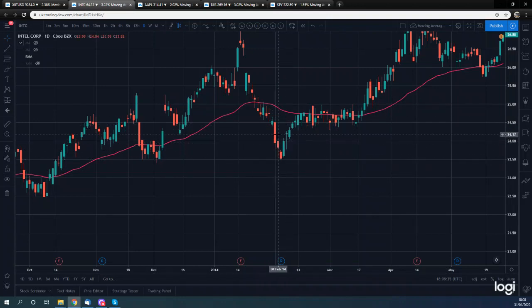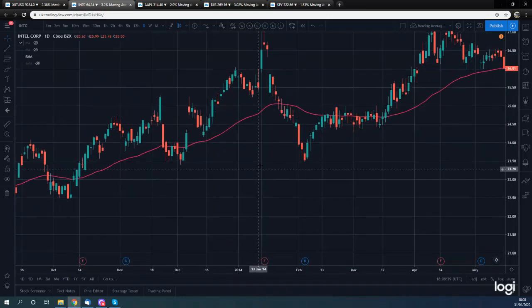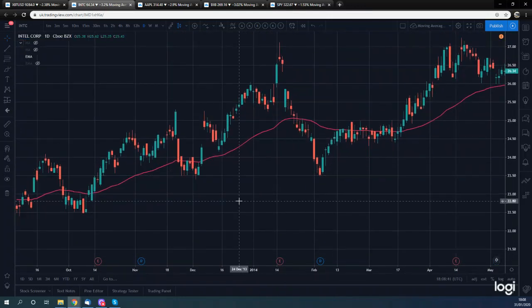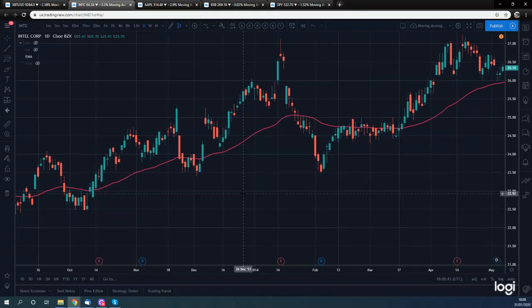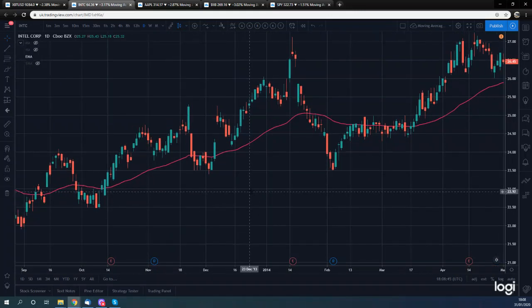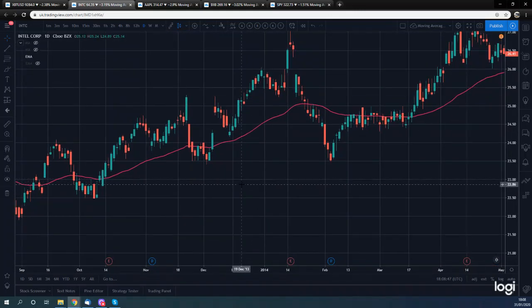This does look like a pretty savage stop hunt, because nowadays, more so with high frequency trading and the bots and how a lot of trading is done, you'll get what are called stop hunts. People know that others are looking at these moving averages, so they say, if we break below, we can trigger some stops.